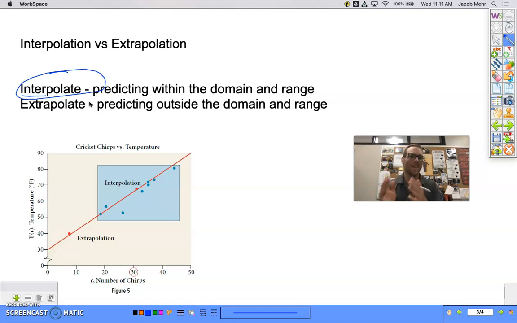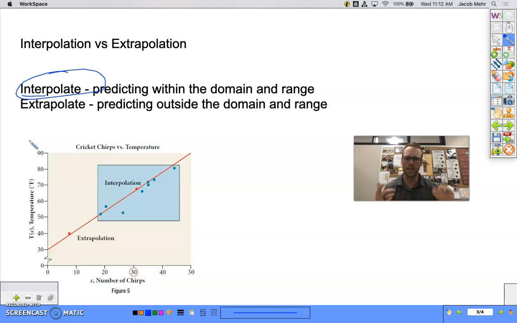We are getting this data in real time from the COVID-19 pandemic, and scientists are making models to predict what's going to happen. However, all the predictions are extrapolations, extrapolating out into the future beyond our given data. So it's really hard to feel confident in our prediction that far out.